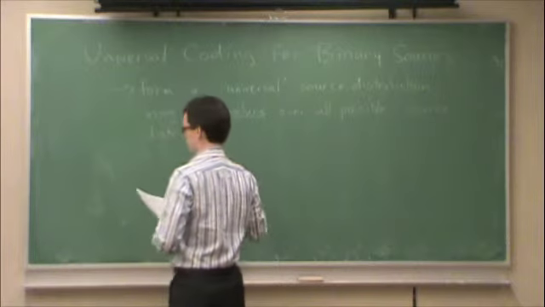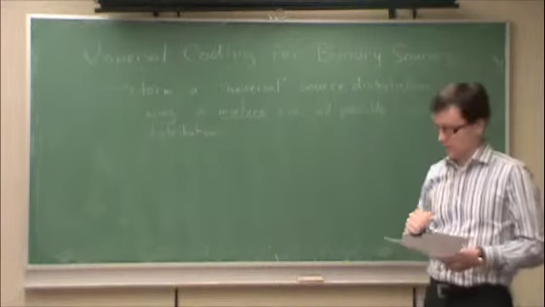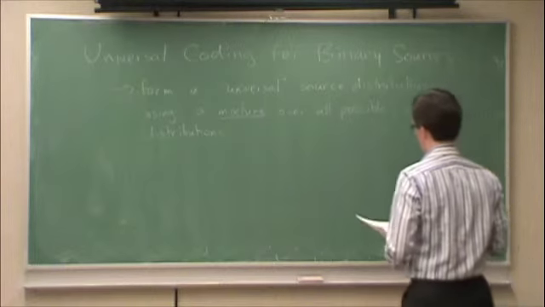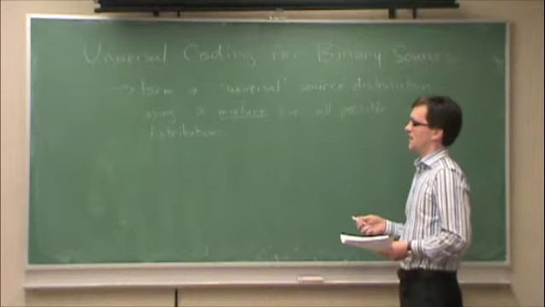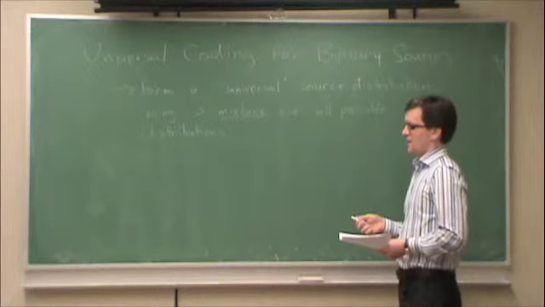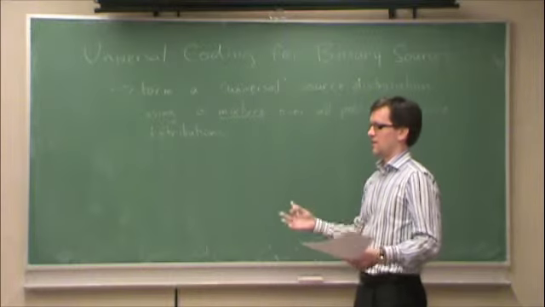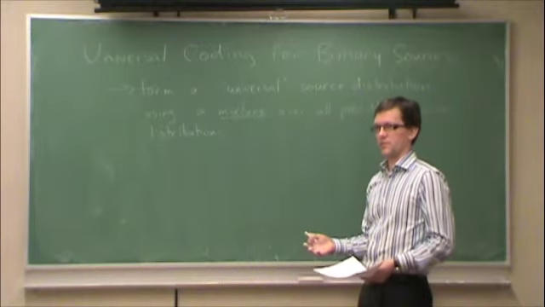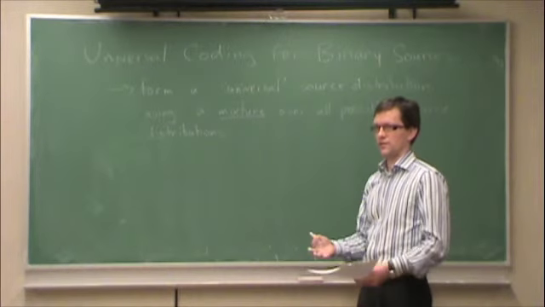In other words, I don't know what the input source distribution is, so I'm going to forget about actually knowing it accurately. By mixture, what I actually mean is I'm going to assign all of the possible source distributions a probability and basically take the average over all of those possibilities.